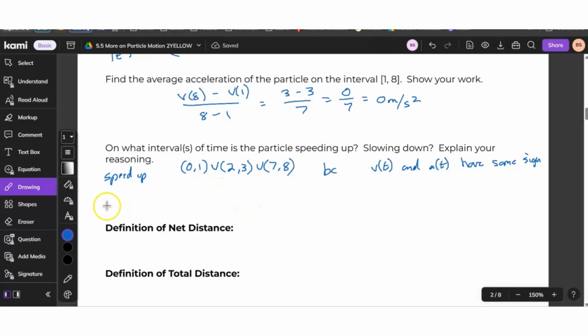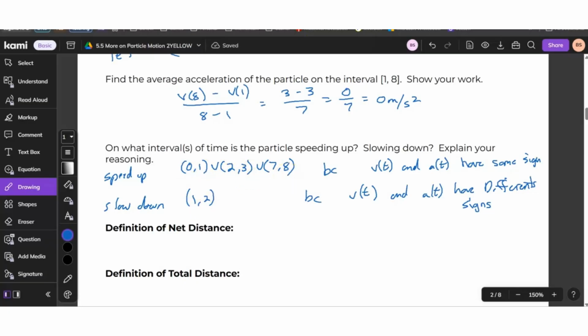All right, and then we've got to slow down. It's going to slow down because v of t and a of t have different signs. Without even looking at it, I'm pretty sure it's going to be from 1 to 2.